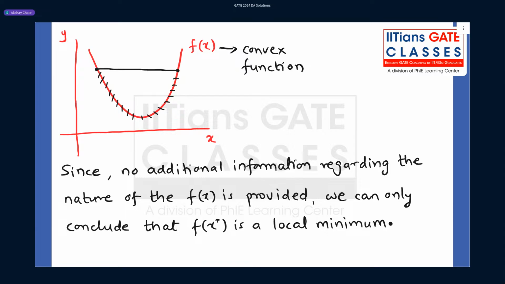I hope you get my point here. So this was regarding the question. I hope you understood what I mean by convex function. In future, if somebody gives you a question in which they mention that it is a convex function, then you can click the option which says global minima. Otherwise, you can only say local minima with surety.